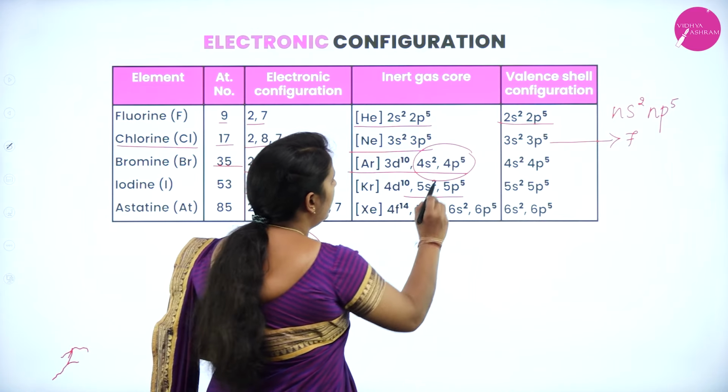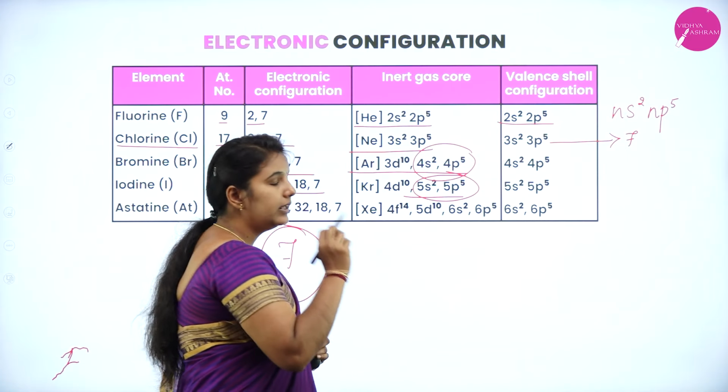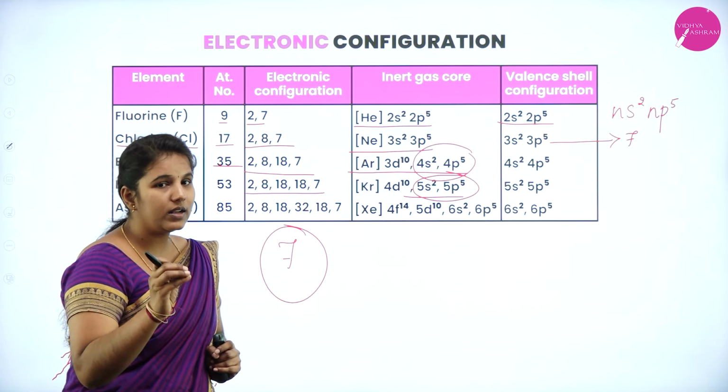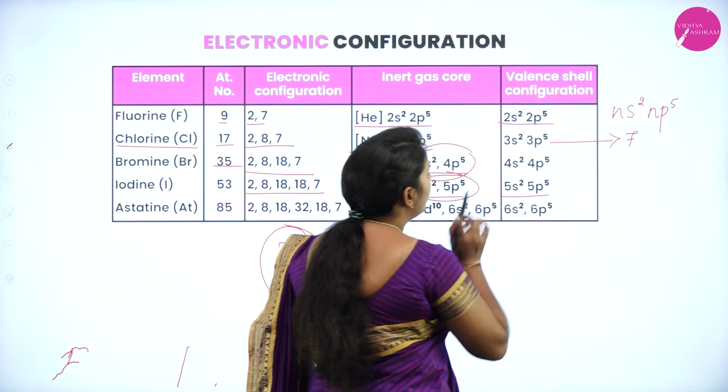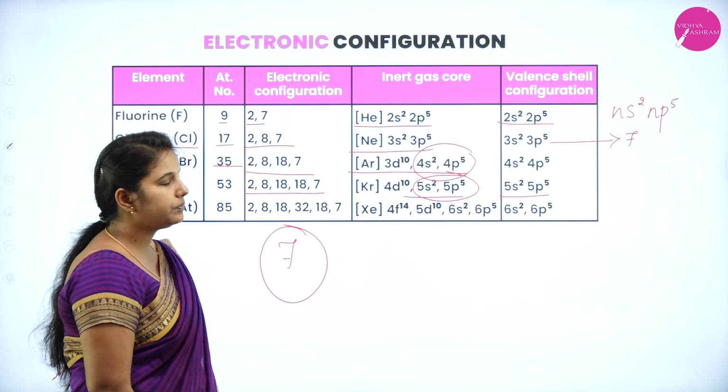Again you can see here the last shell consists of 7 electrons in the valence shell, hence the valence electronic configuration will be 5s2 5p5.